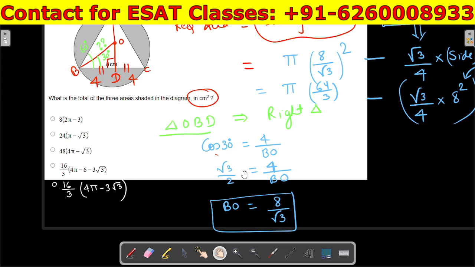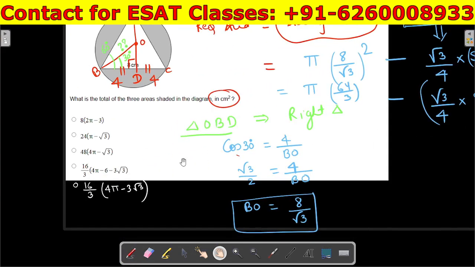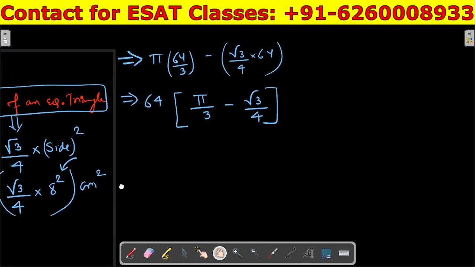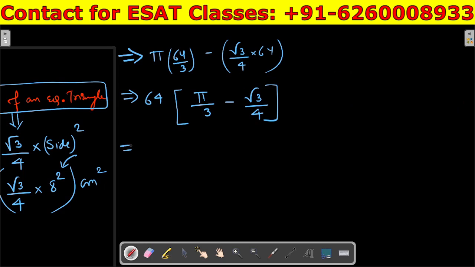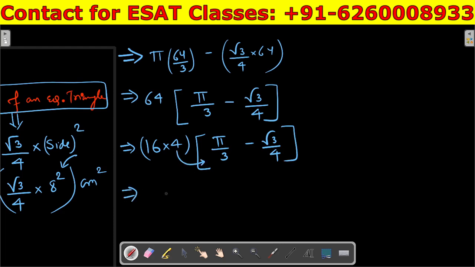There is no 64 outside as a common. So we can take either 8, 24, 48, 16, like this. I can make it 16, right? 64 is basically 16 into 4. We can write it in this manner, pi upon 3 minus root 3 upon 4. I will multiply this 4 inside the bracket, keeping 16 outside as it is. So this will be 4 pi upon 3 minus root 3.